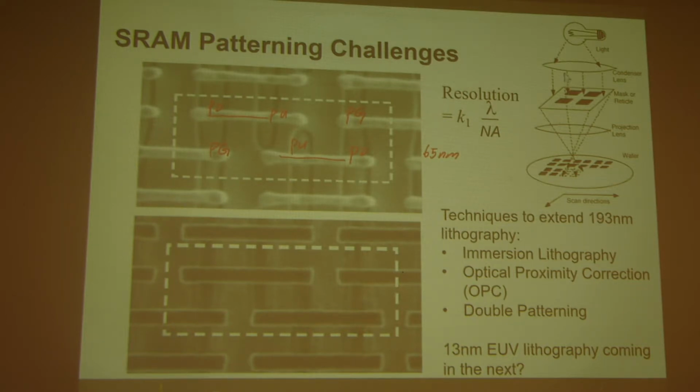Since this goes through a mask, due to the refraction of the light, you have a certain resolution of the features. If you recall your college physics, optics, this is the resolution when you have two holes and the light goes through them. Lambda is the wavelength of the light, and NA, I think, is the numerical aperture of the lens.